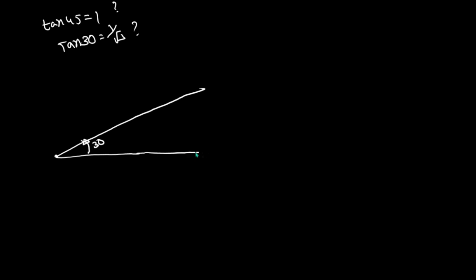There are two lines I have drawn from a single point A. This is the horizontal line, and I have drawn another line at a 30 degrees angle.